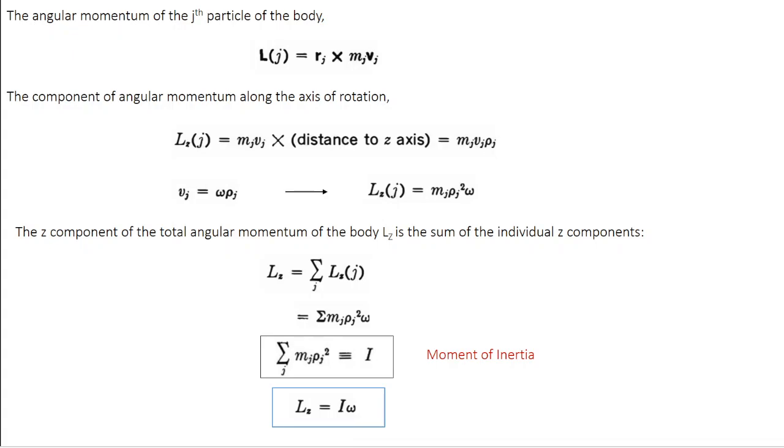But there is one fundamental difference between mass and moment of inertia, because mass depends only on the amount of substance in a system, whereas from the definition it's clear that moment of inertia depends on the amount of mass as well as the distribution of the objects.